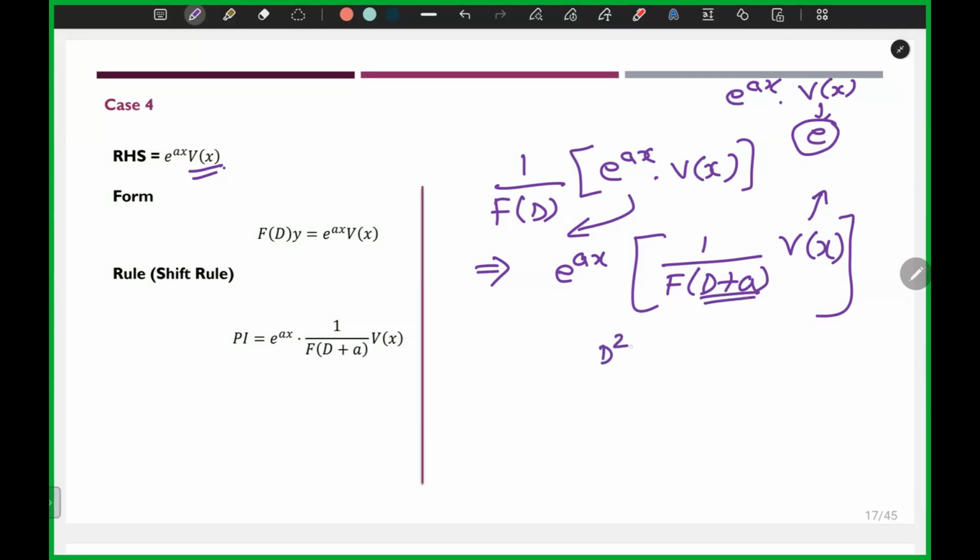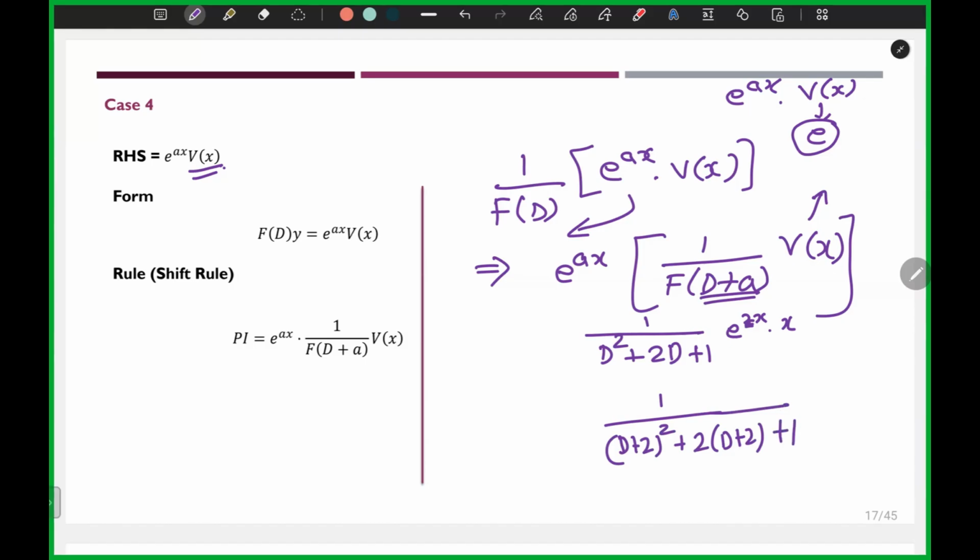So if it is 1 upon D square plus 2D plus 1 acting on e to the power 2x into x, you have to do this thing. e to the power ax, what is the value of a here? 2. So we just replace D by D plus 2: D plus 2 whole square plus 2 into D plus 2 plus 1, and our e to the power 2x is outside, and we are left with this operator only.